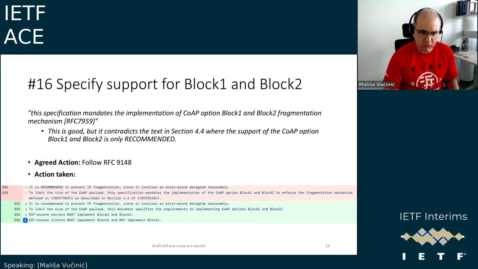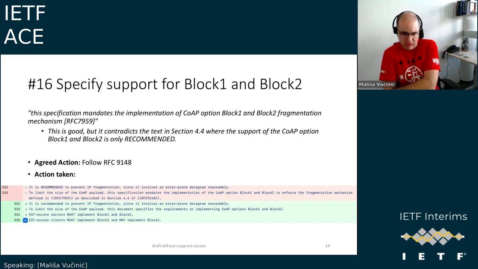Right now, we specify that servers must implement both block 1 and block 2, and that OSCORE clients must implement block 2 and may implement block 1, which is used in the request. So it's up to them whether they want to fragment using block 1 in the requests.